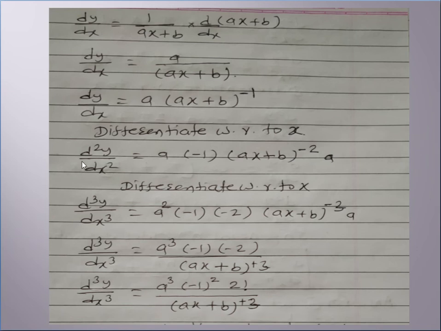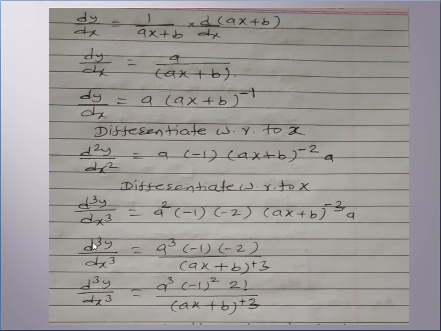Now differentiate this equation with respect to x. Therefore, the derivative of d square y upon dx square is d cube y upon dx cube, that is the third order derivative, equal to a square into minus 1 into the derivative of (ax + b) raised to minus 2, which is minus 2 into (ax + b) raised to minus 3 into the derivative of ax + b, which is a.